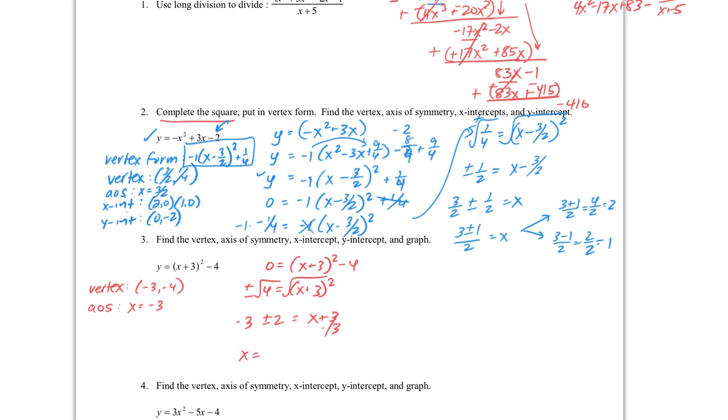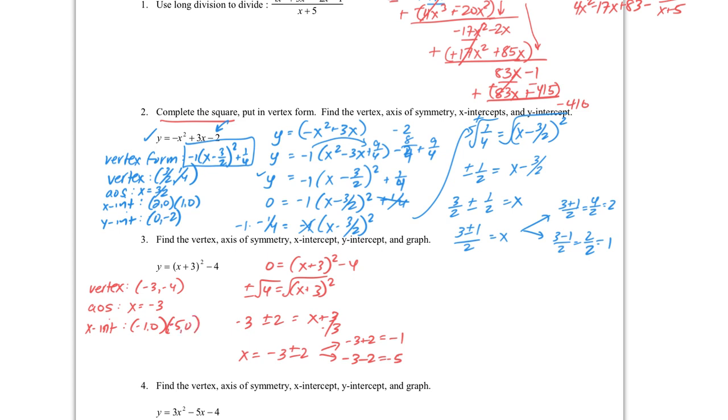So I have x equals -3 plus or minus 2. And I know that -3 plus 2 is -1, and -3 minus 2 is -5. So that means my x-intercepts are located at (-1, 0) and (-5, 0).